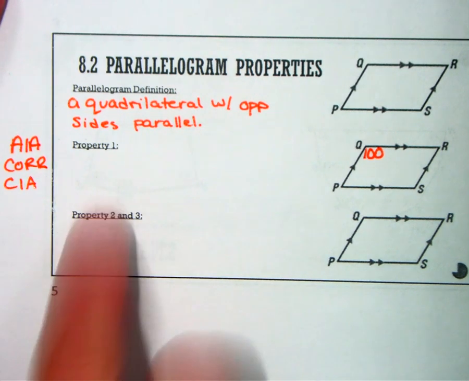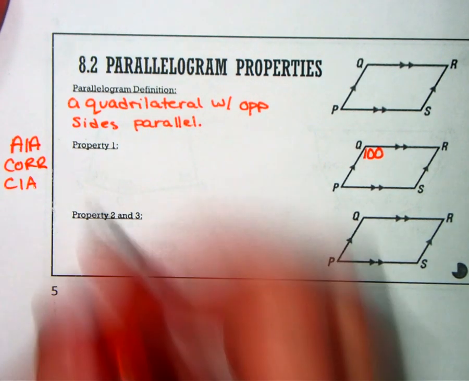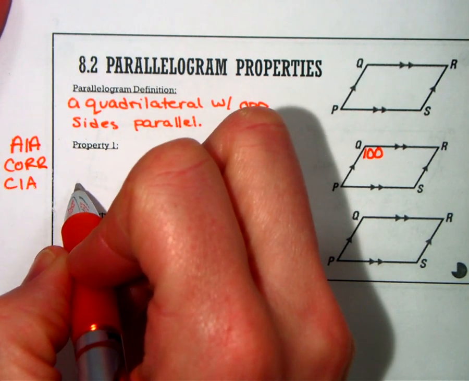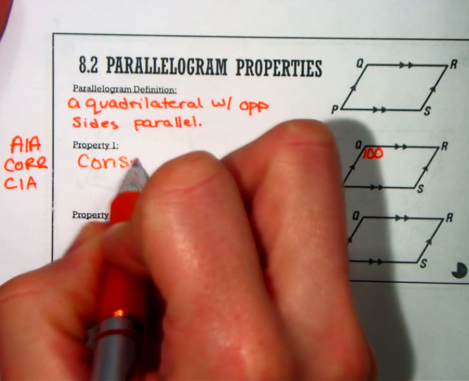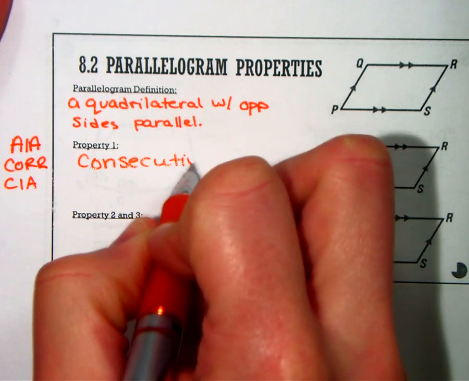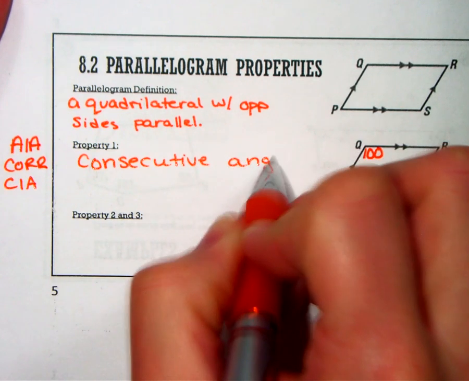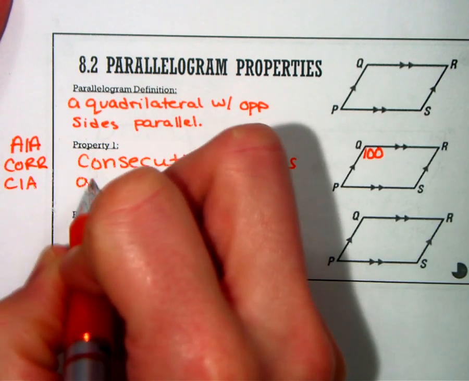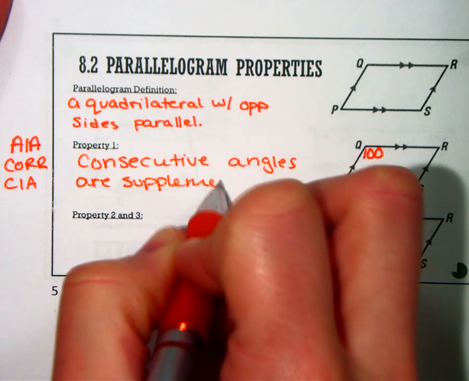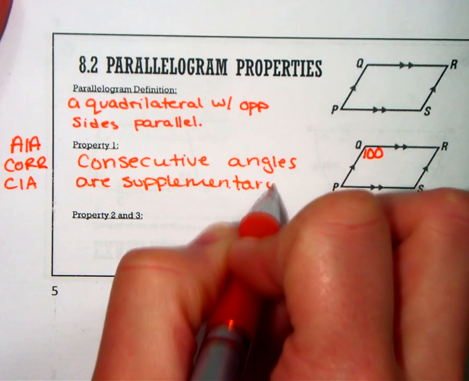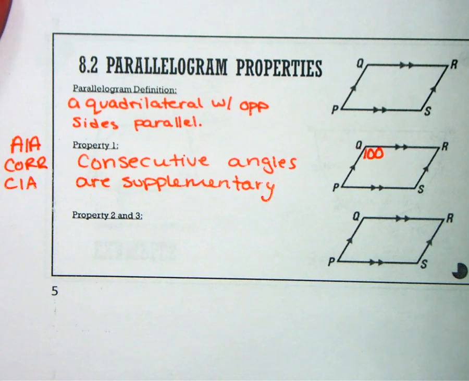So the first property is something you already know. Consecutive angles are supplementary. So that means they add to 180.